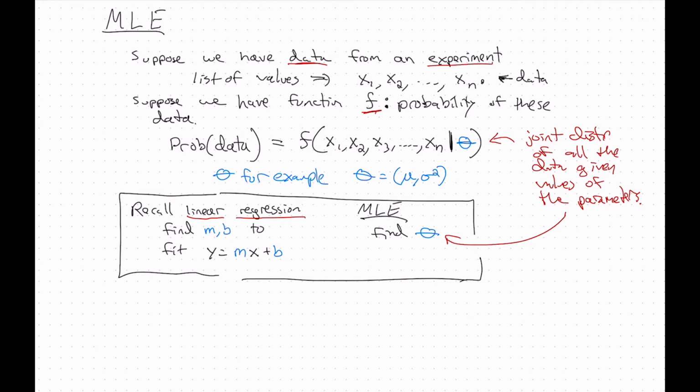Okay, so how do we end up doing that? How do we figure out what the value of the parameters should be? First thing we should do to make progress is make things easier. Specifically, we'll assume that each data point is independent.